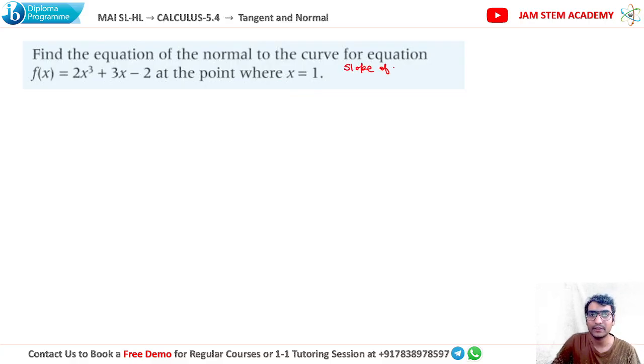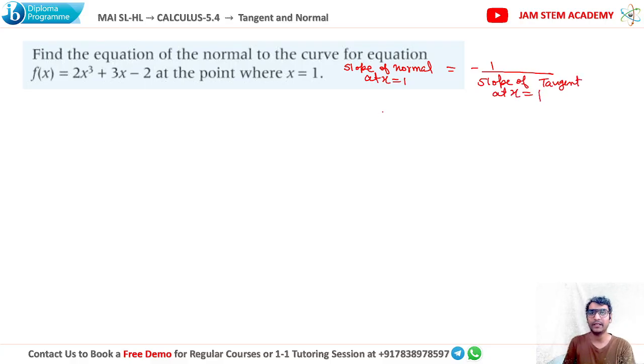So for finding the slope of normal at x equals to 1, we will take the negative reciprocal of slope of tangent at the same point where x equals to 1. Okay, and the second thing is we need the coordinates of a point, means we can put x equals to 1 here and we can get the corresponding value of y. So from there we can also calculate the point where our normal line is passing through that point, right?